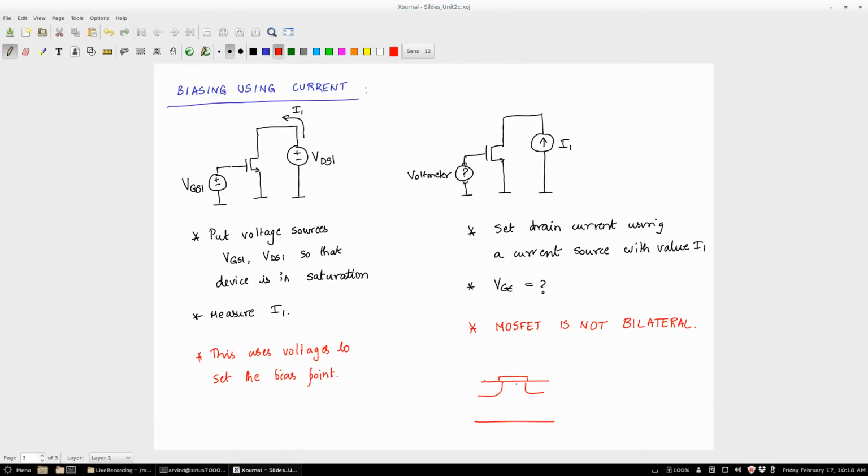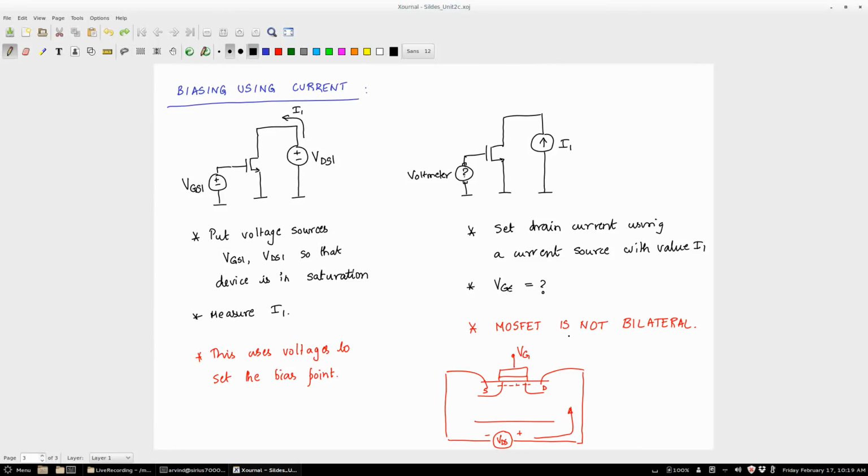No. This device, the MOSFET, is not a bipolar device. Very, very important. How does the MOSFET work? I have a MOSFET, right? There is a gate and there is this thing. When I apply a gate voltage here, electrons collect here, right?